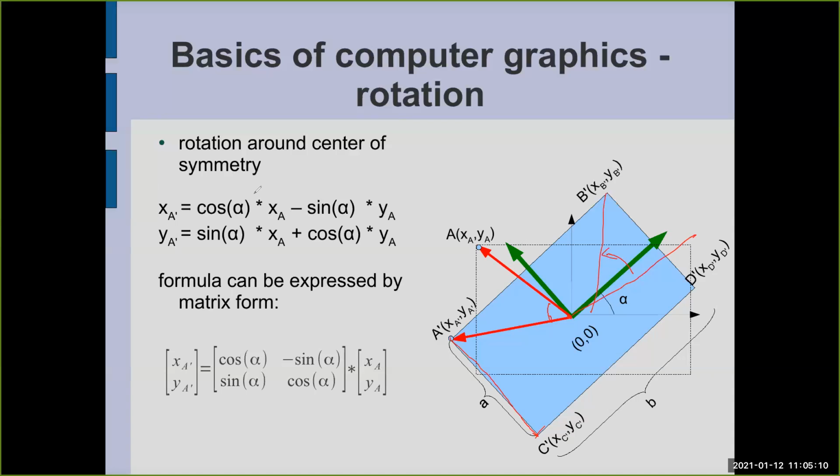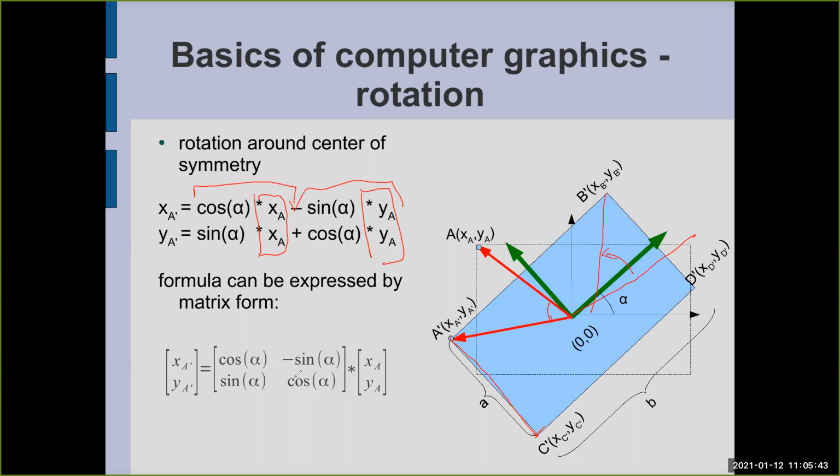Looking at this expression, you can see that here we have a fixed block. So we can represent it using a matrix operation. Here we have cosine, minus sine. So we have cosine alpha times x_A. This is the first term, minus sine alpha times y_A. This is the second term.